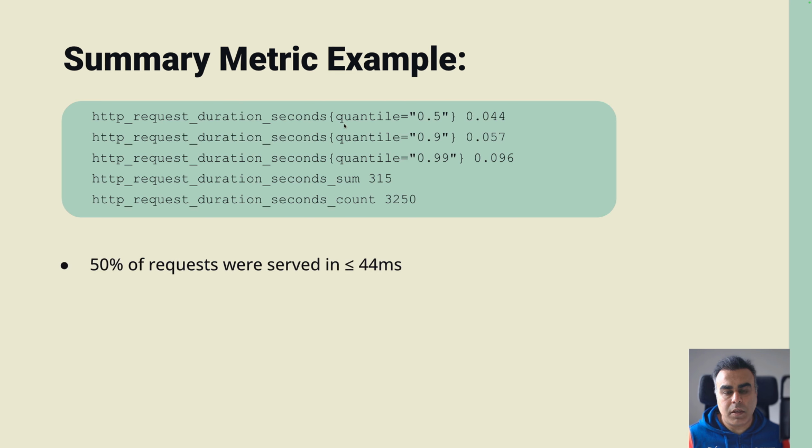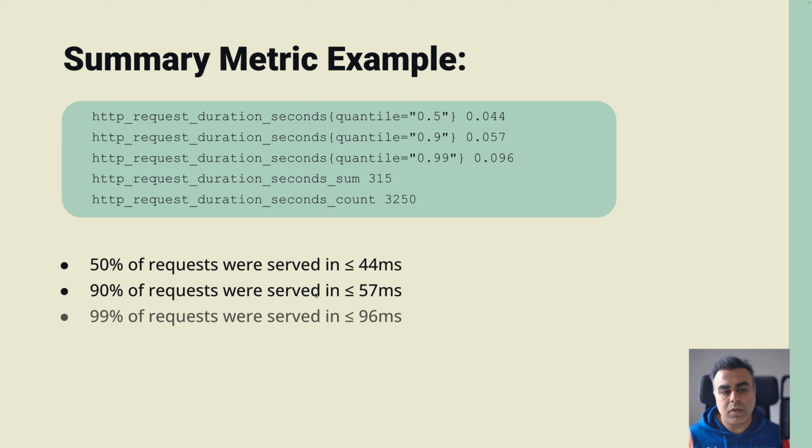For instance, here the interpretation is that 50% of the users, because the quantile is 0.5, are experiencing the request duration less than 44 milliseconds. And also we can say that 90%, because the quantile is 0.9, of the requests are served in less than 57 milliseconds.